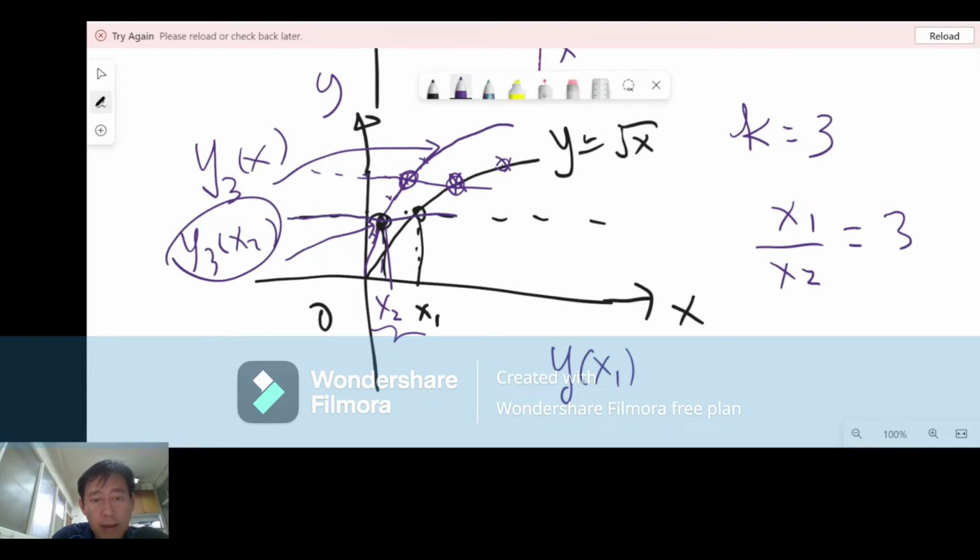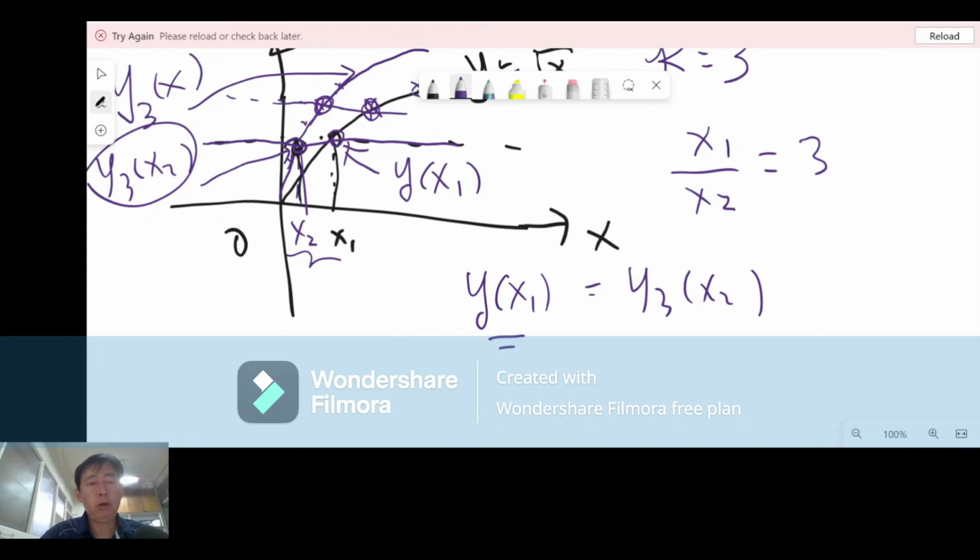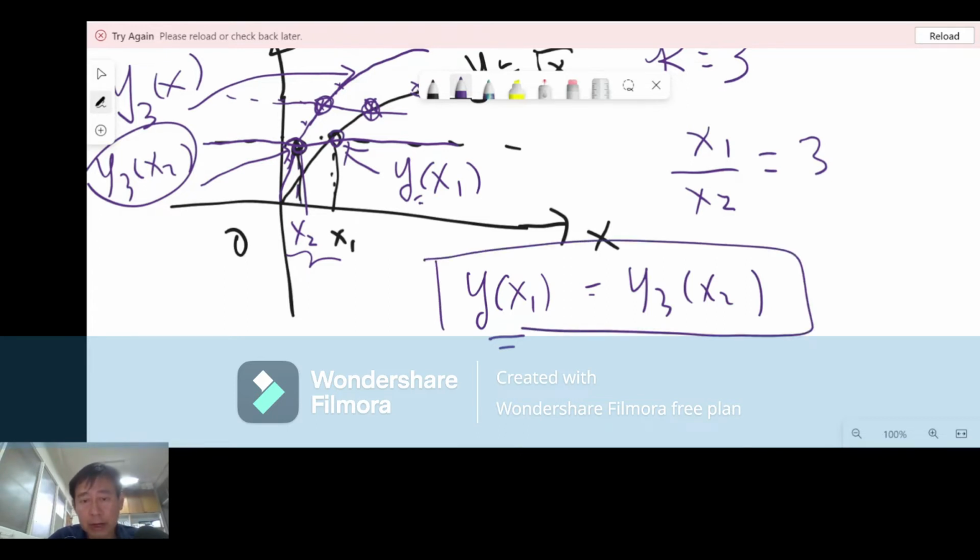This is a common value of y, so the value of the function y at x1 and the value of the function y3 at x2 are the same, because the function y is compressed horizontally. That is the mathematical relationship we can write down to relate two points on curves y and y3.